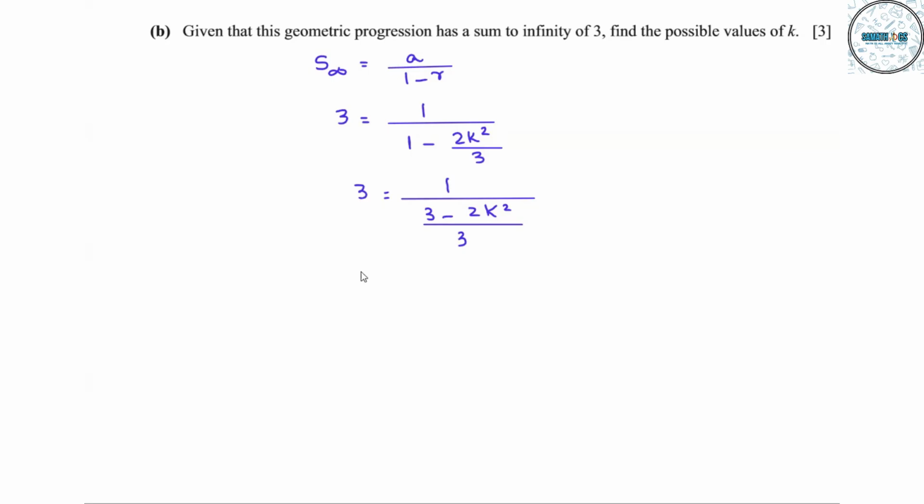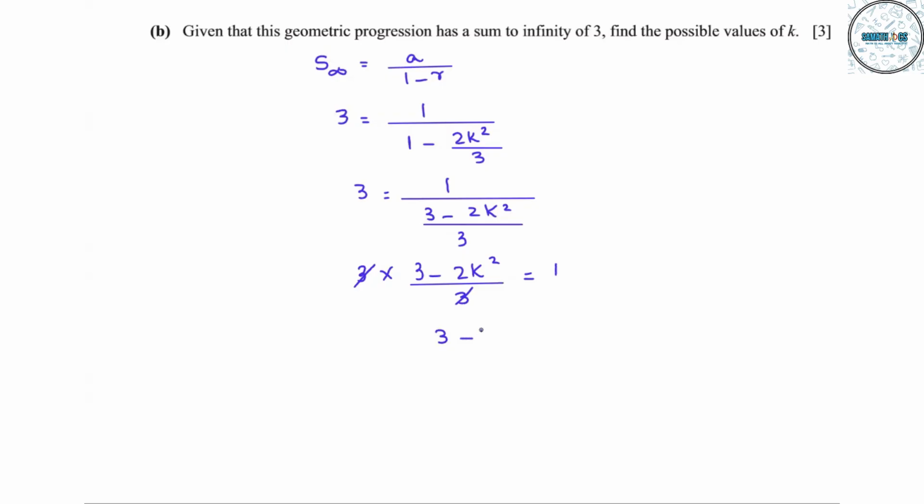We can do cross multiplication. 3 multiplied by (3 minus 2k squared) upon 3 is equal to 1. So this 3 and this 3 would be cancelled out. We will take minus 2k squared on this side and 1 on this side.